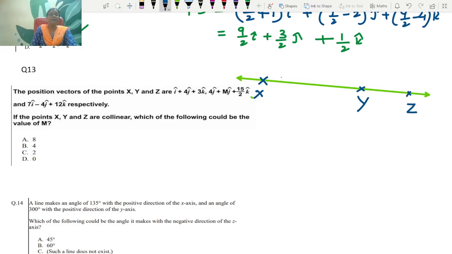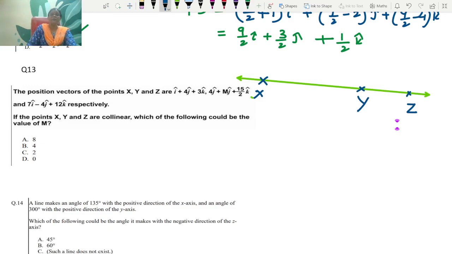So what does that mean? What could be the value of m? The value of m is the y component, the j component of this position vector we have. They are collinear, so what condition should we write?